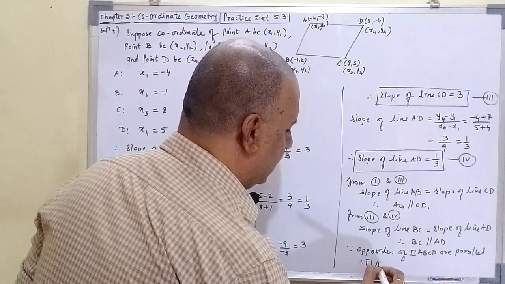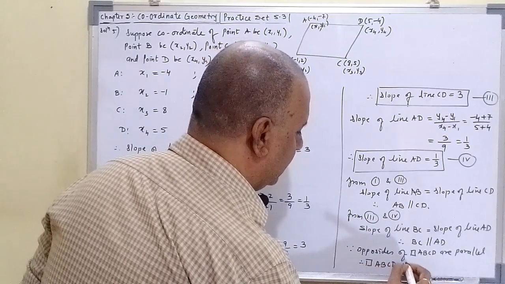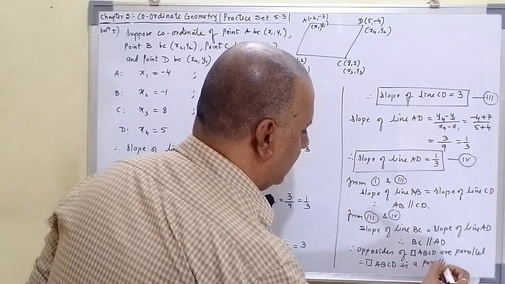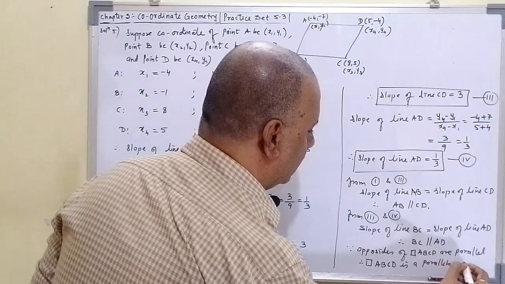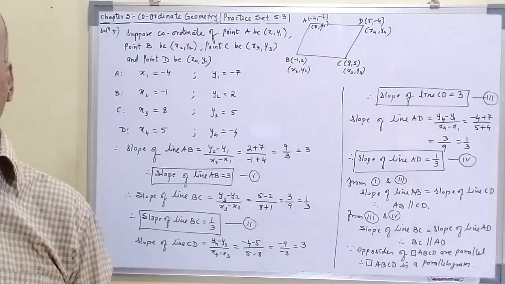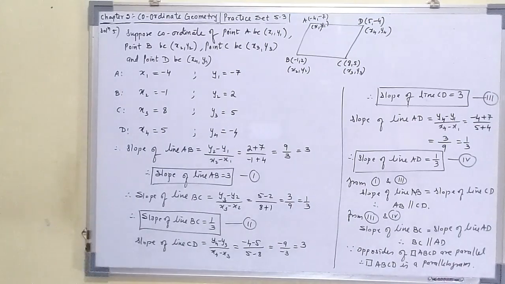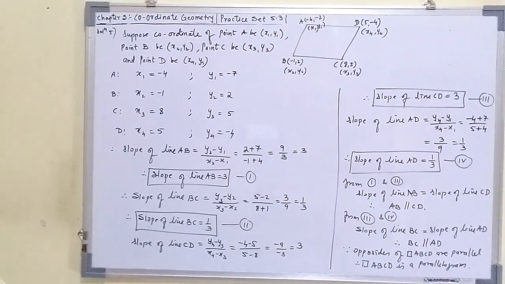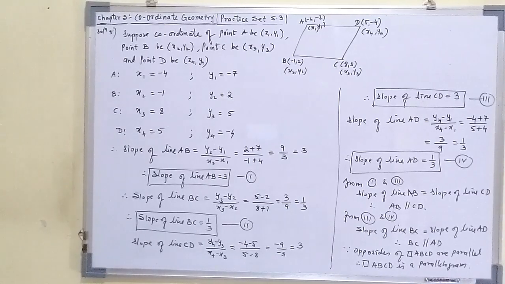Therefore, quadrilateral ABCD is a parallelogram. We'll now go to question number 6. इसको इरेज कर देते हैं.